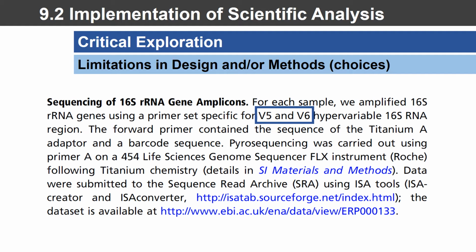And in this case, it was even further down the rabbit hole, targeting V5 and V6, just those 2 regions. Shotgun sequencing chops up the whole genome and looks at all the DNA, and therefore would include all of those variable regions and other regions of the chromosome too, and with the added bonus of potentially giving us some predictors of gene function. So this is an advanced technology.